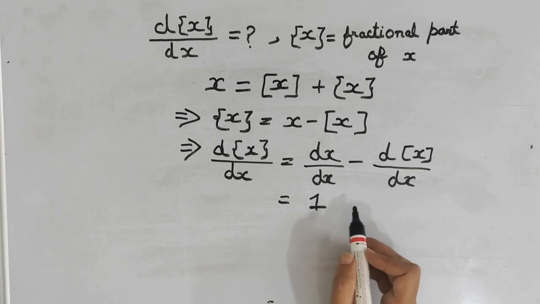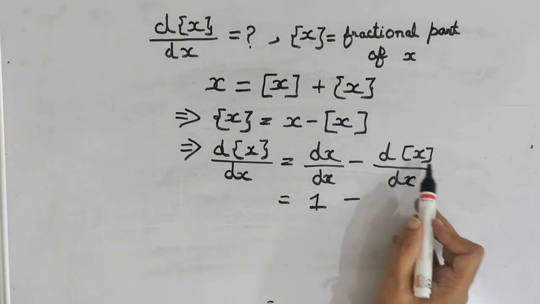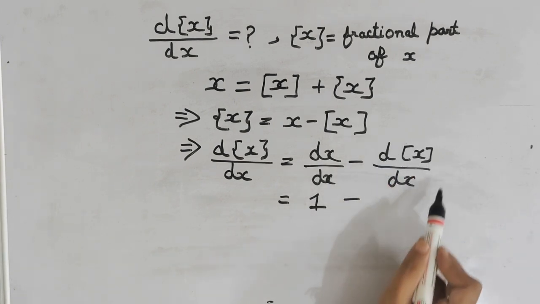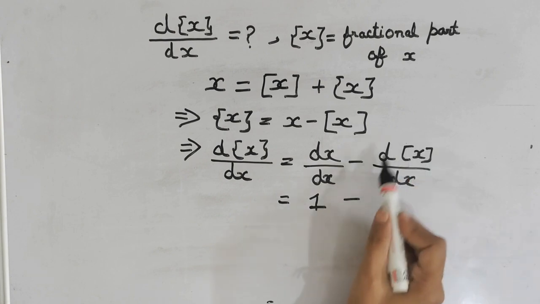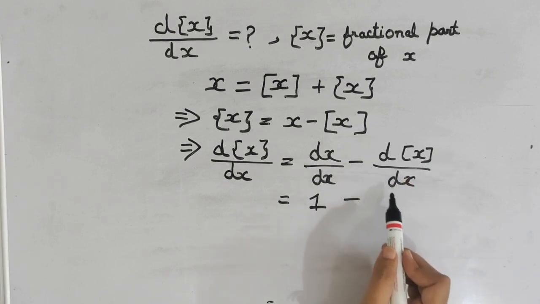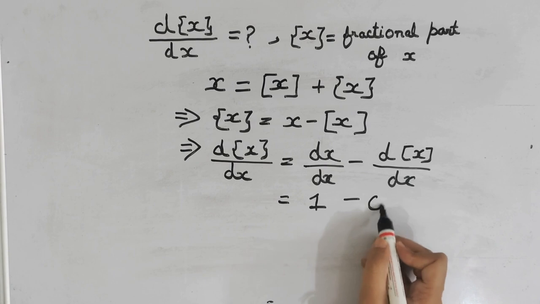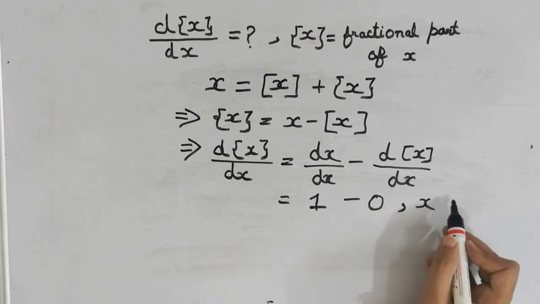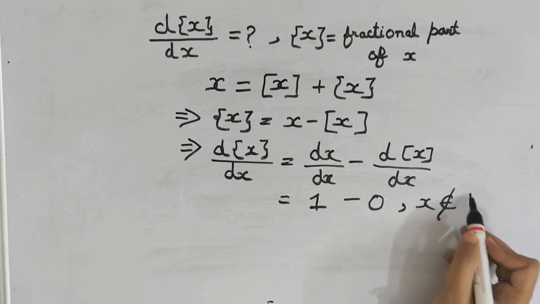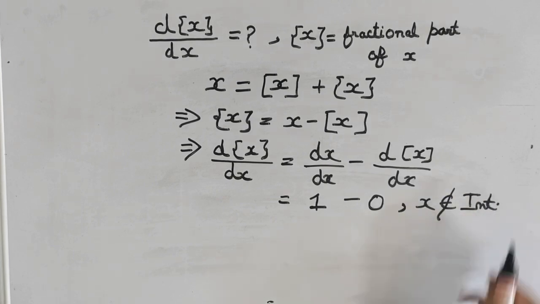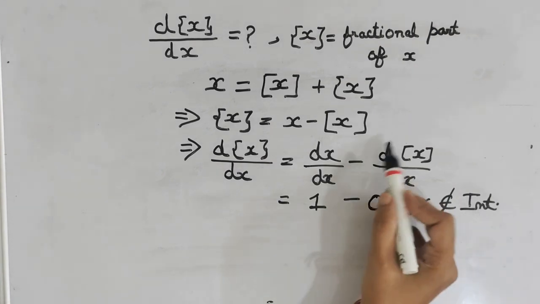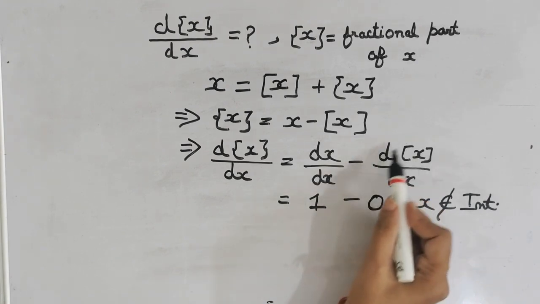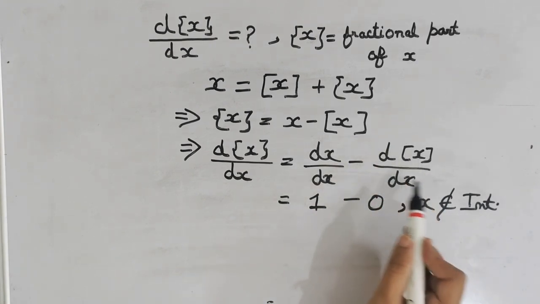If you ask what is the derivative of the greatest integer function, please go through my previous video, where I have already found it. The derivative of the greatest integer function is always 0 as long as x is not an integer. If x is an integer, this is undefined, not differentiable. You can find this concept in detail in my previous video.